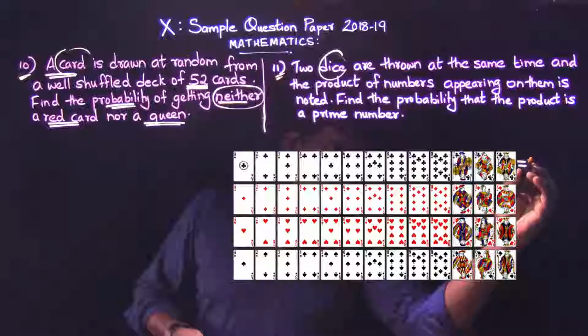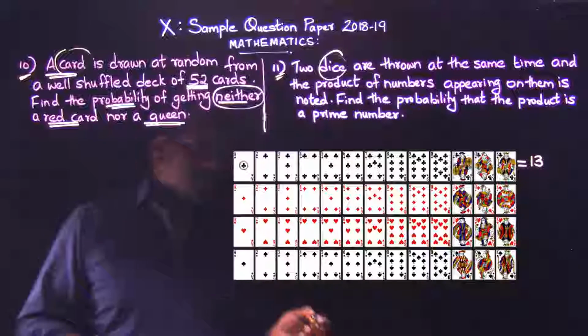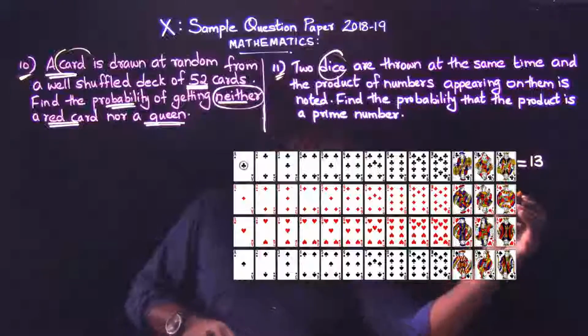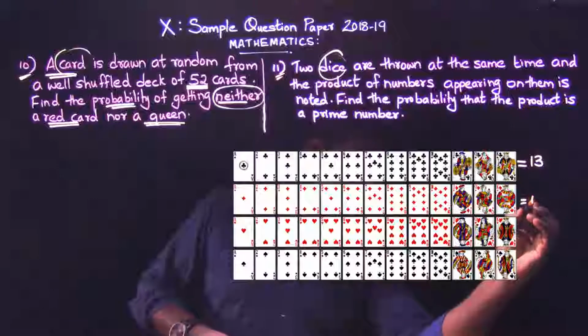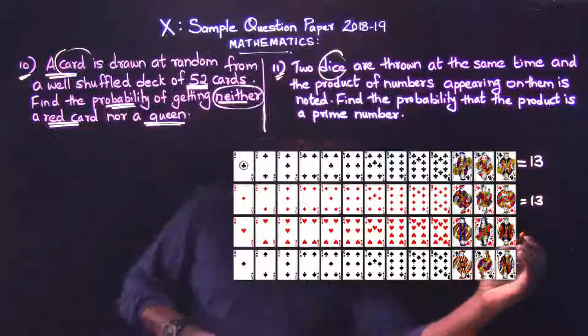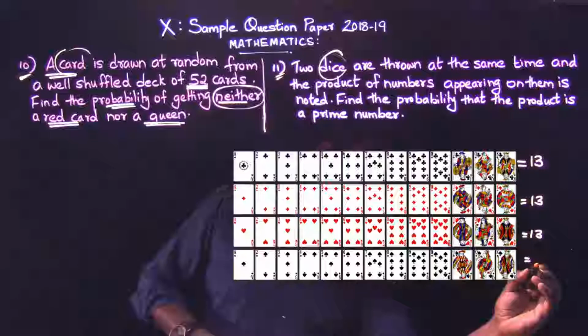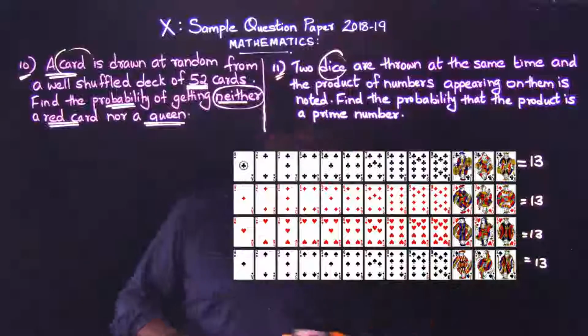Altogether, in the first red one you will see there are 13 of them, and in the next one, you have a set of 13. The third one has 13, and the fourth one has 13.